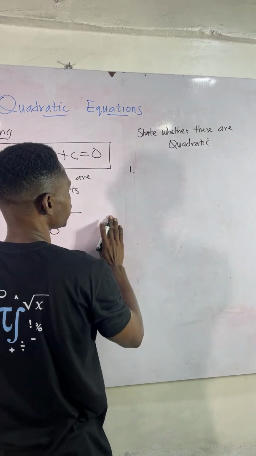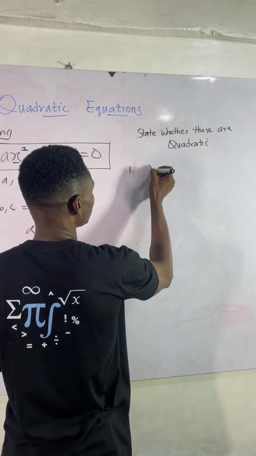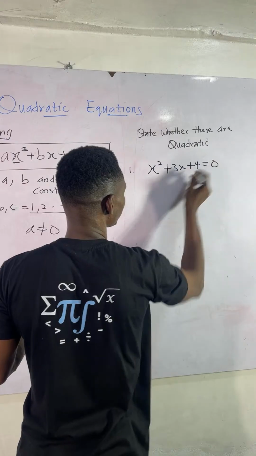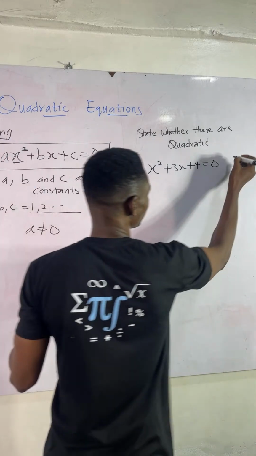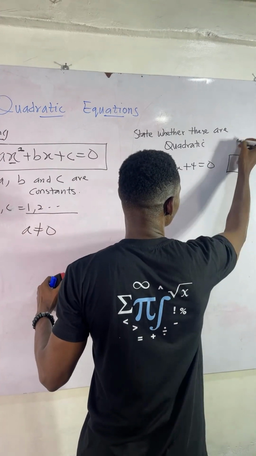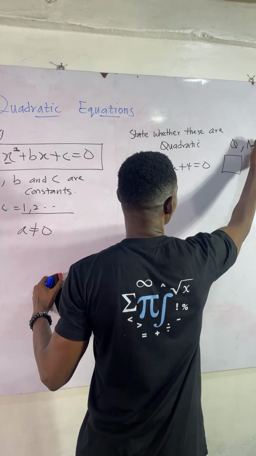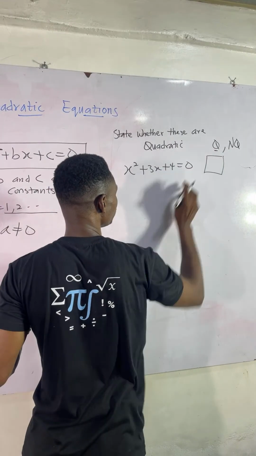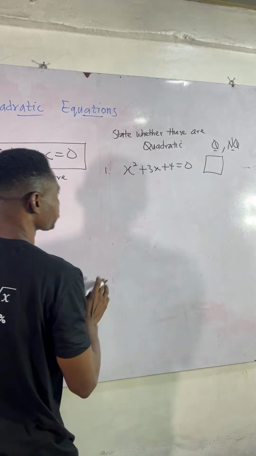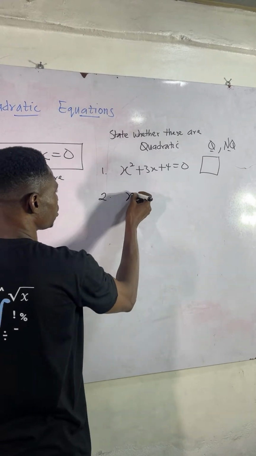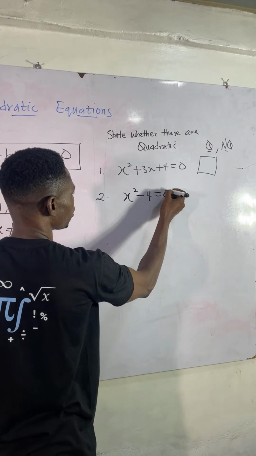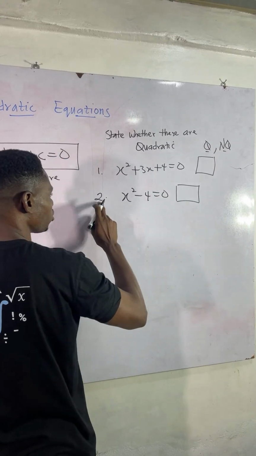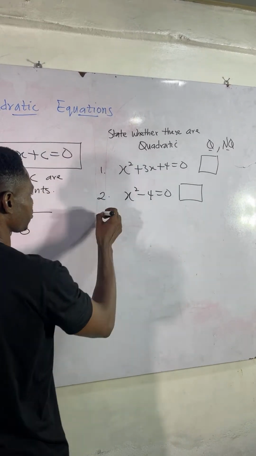The first one, x squared plus 3x plus 4 equal to 0. You're going to tell me either it is quadratic or not quadratic, so you're indicating either Q or NQ. Number 2, x squared minus 4 equal to 0.